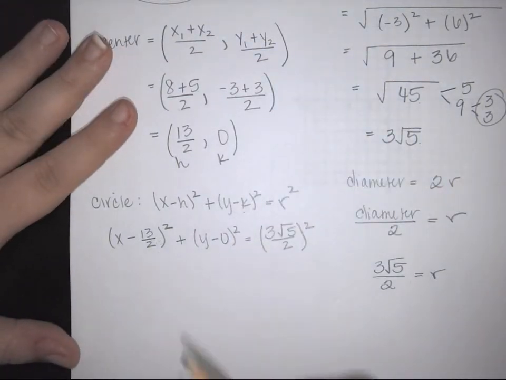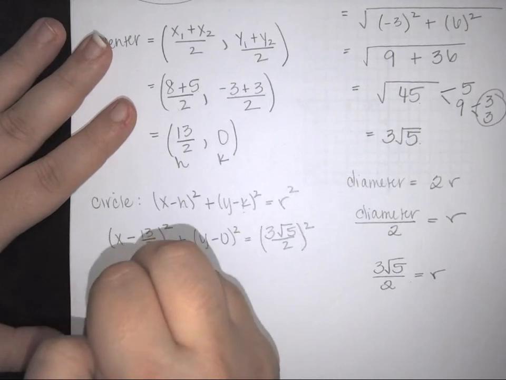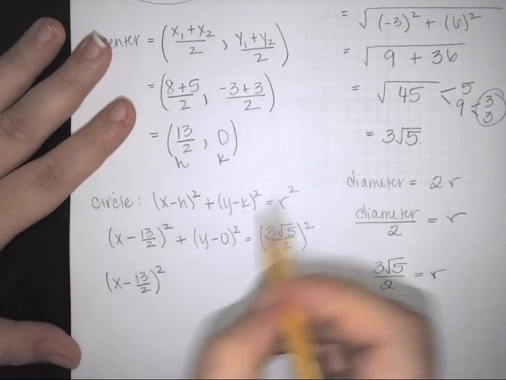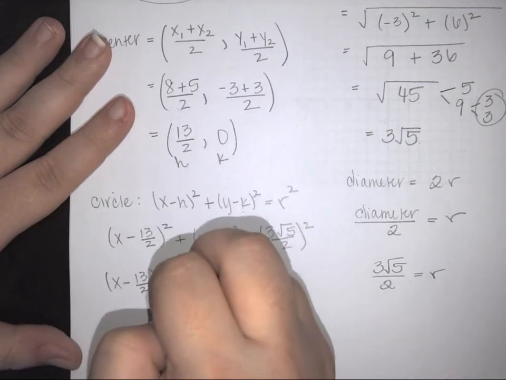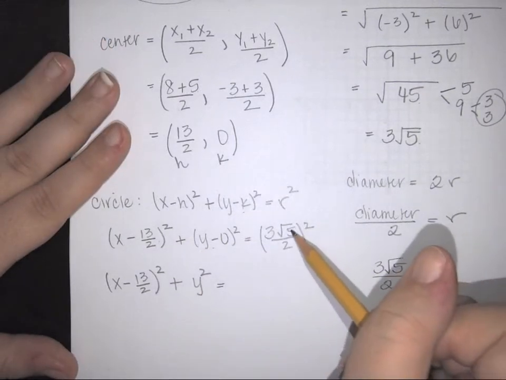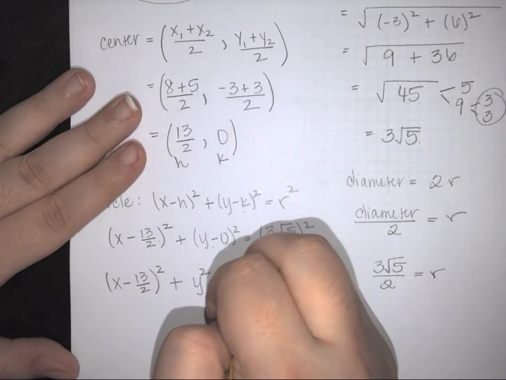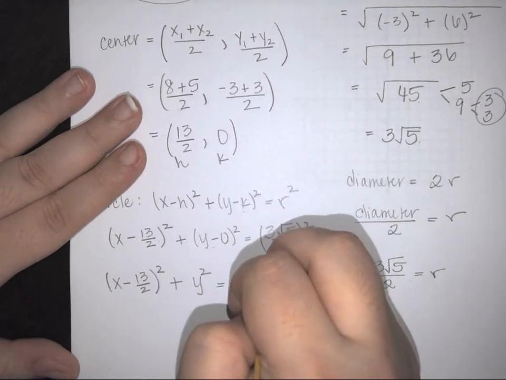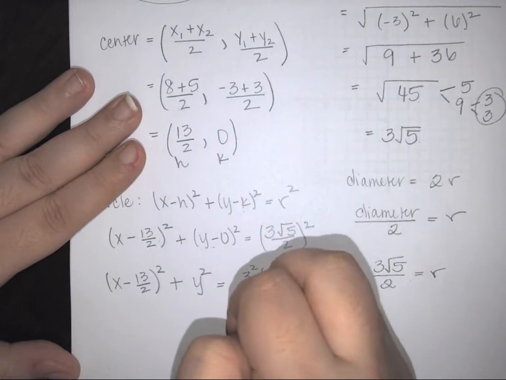This first term does not simplify, so we have x minus 13 over 2 squared. Here we can simplify the y out, so this just becomes y squared. And then we have to square the top and square the bottom. So essentially we're looking at 3 squared, square root of 5 squared, all over 2 squared.